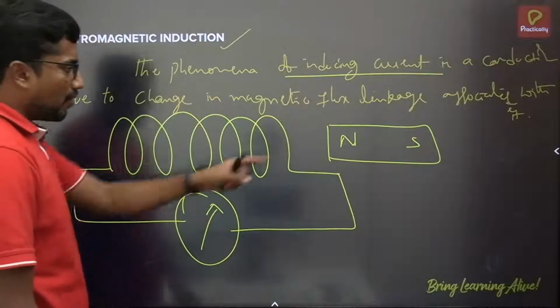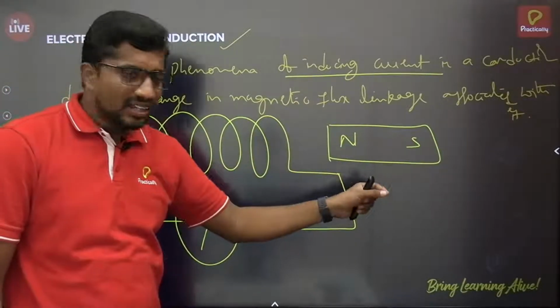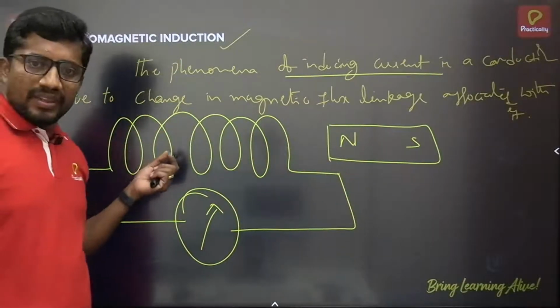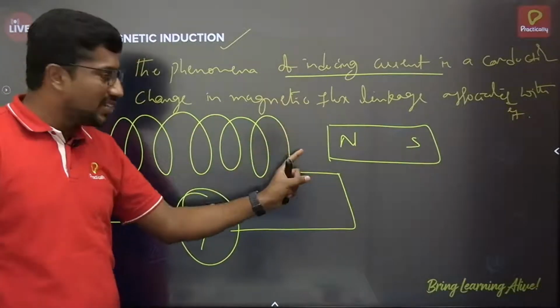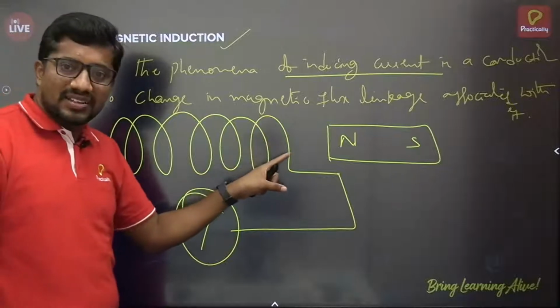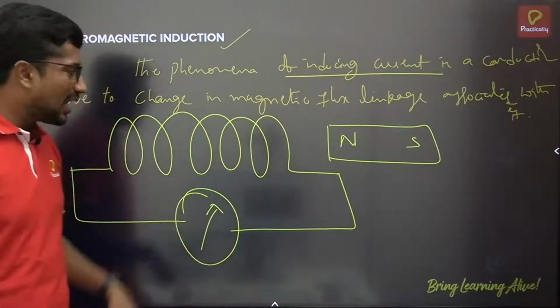Now if I bring this magnet towards this coil, then the magnetic flux linkage associated with this conductor will be changing, then current will be induced.